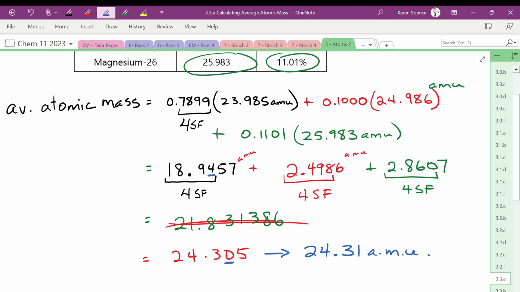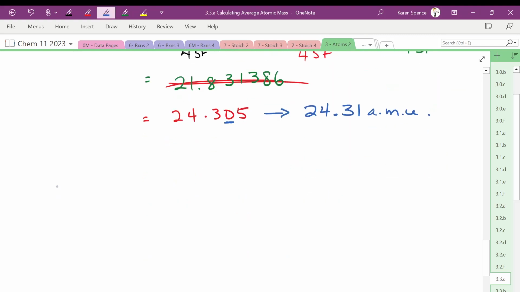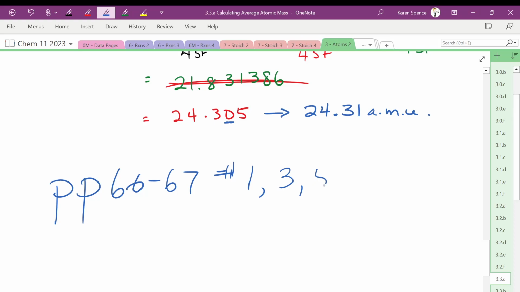Pages 66 to 67, numbers 1 through 5. There you go.